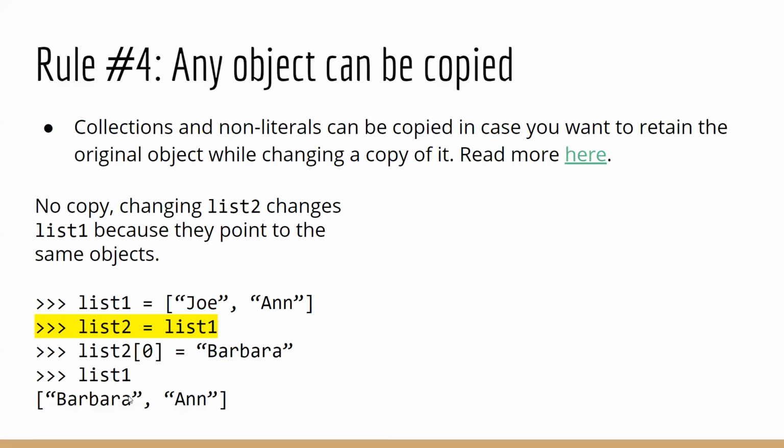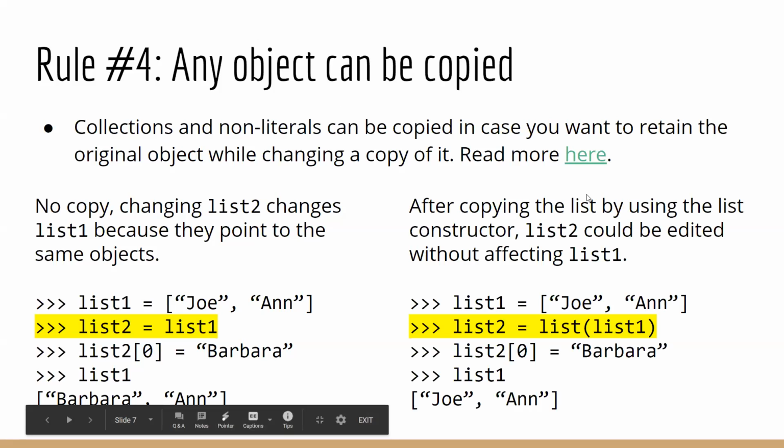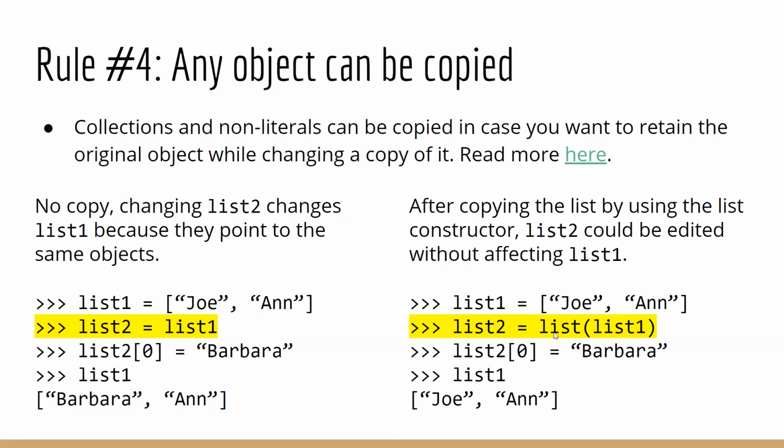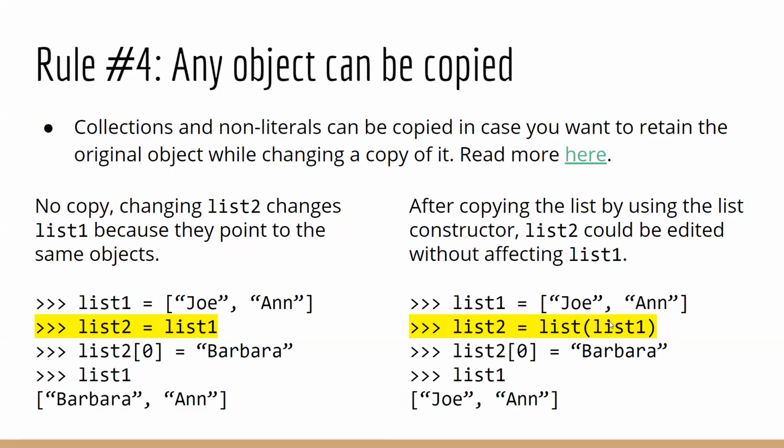Now that can be a problem. What if I want list 1 to stay the same and list 2 to change? So this is where copying comes in. The way to copy a list is to use the list constructor. That way, list 2 has the same values as list 1, but they're at a different location in memory.